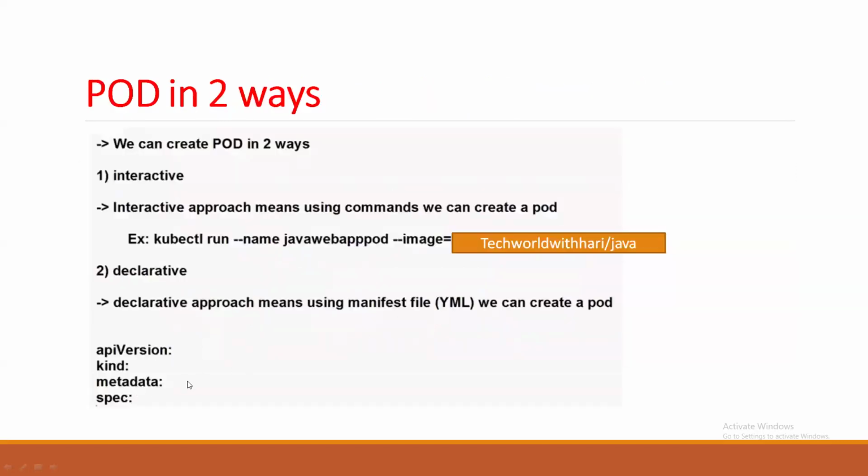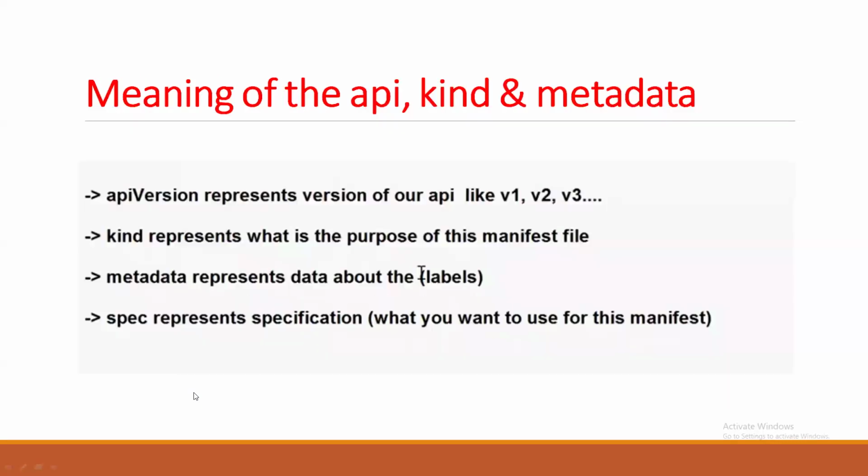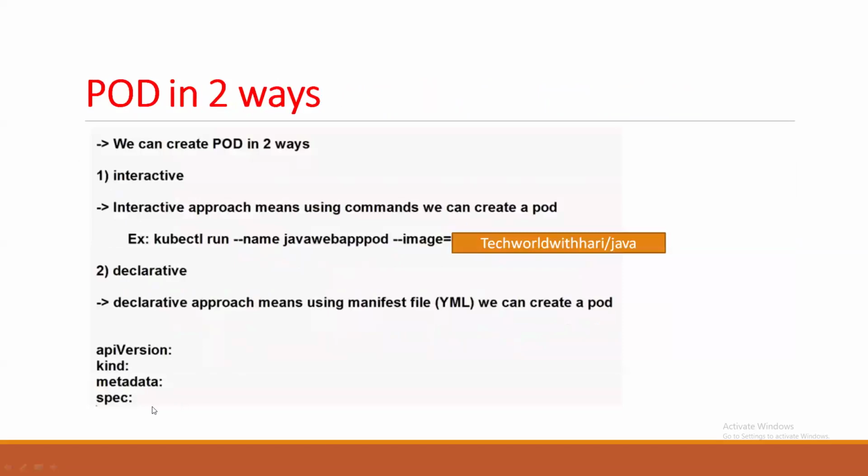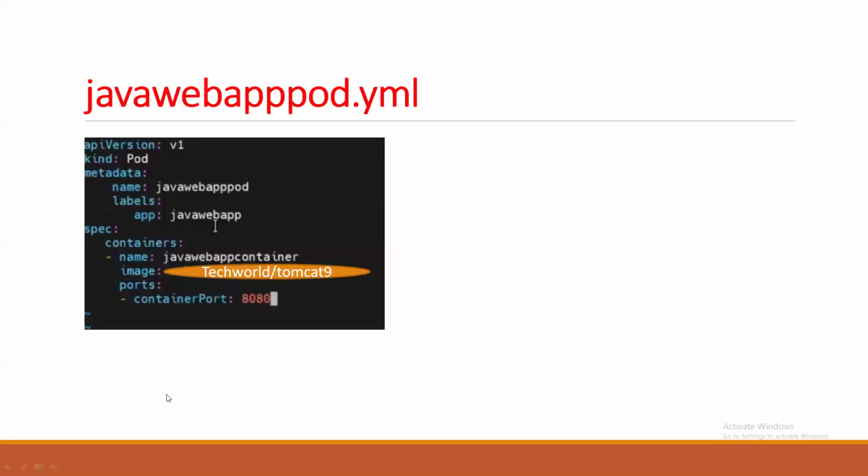Spec represents the specification: I want to use this image and create a container. So, javawebapppod.yaml, for example: apiVersion v1, kind Pod. We need to create the pod.